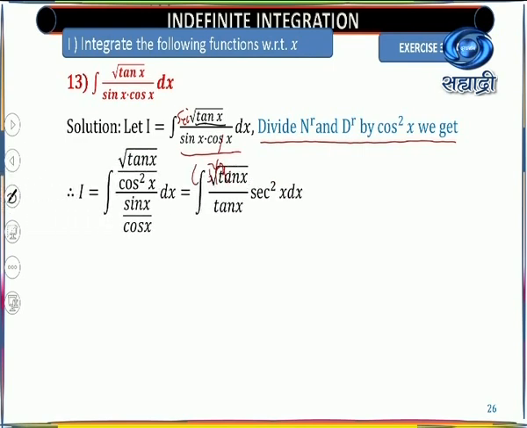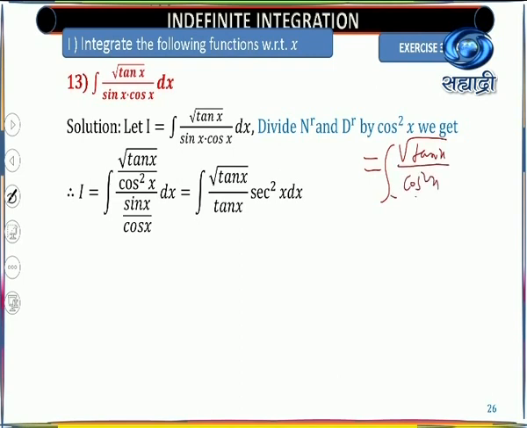Our example says that you have to divide numerator and denominator by cos square x. Look here, root of tan x upon cos square x, divided by, in the denominator, sin x into cos x upon cos square x.